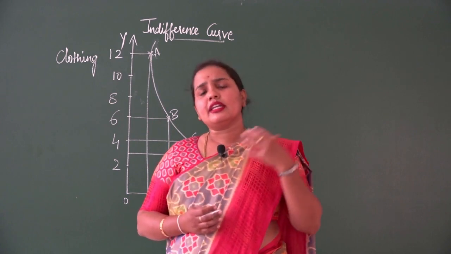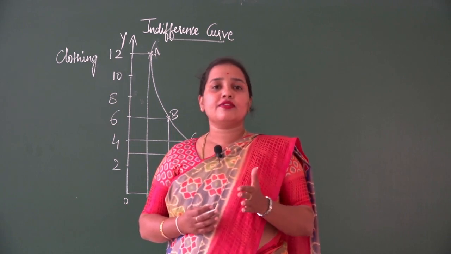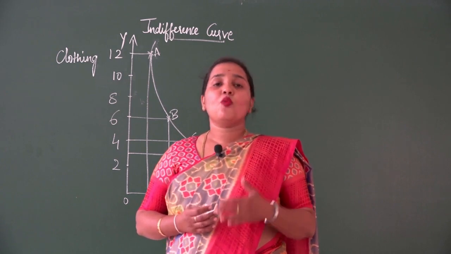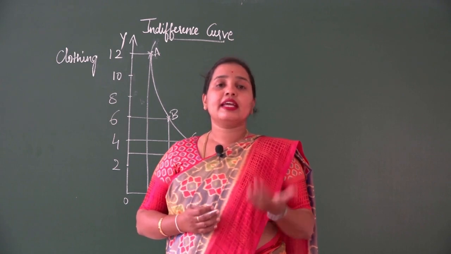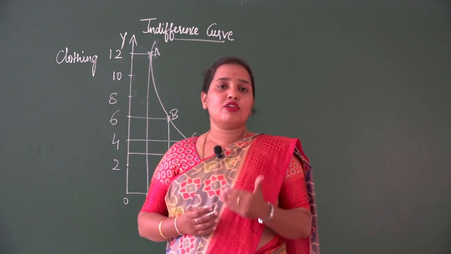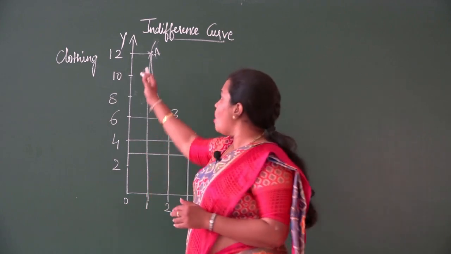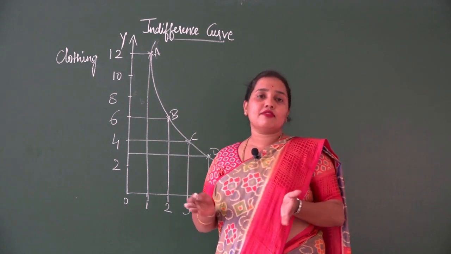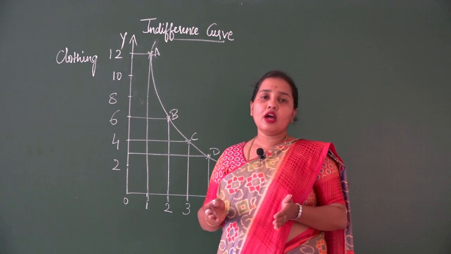Therefore, he is indifferent towards the two commodities. Indifference curve refers to a consumer being indifferent in the sense that whatever combination of the two commodities he gets, he derives the same level of satisfaction, because all the combinations give the same level of utility or satisfaction. This is what we need to understand.